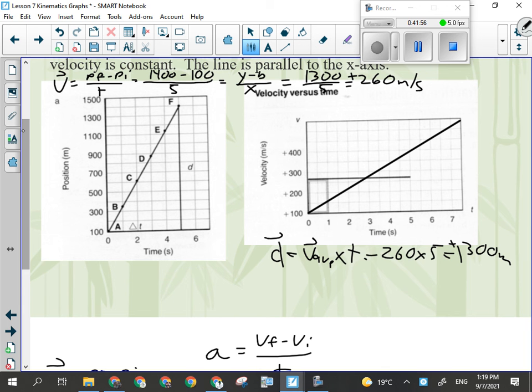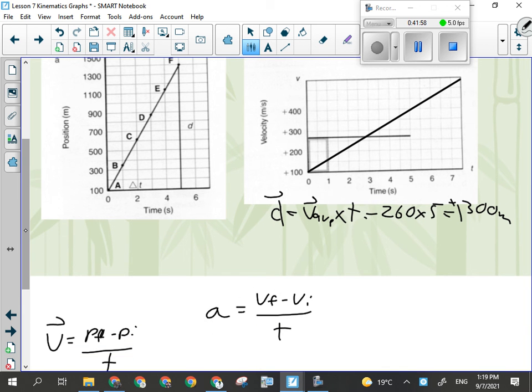All right, so what's the acceleration of this line? Okay, all I gotta do is plug in my numbers. Final velocity would be, well, these go up by 50, so 450, 500, 550, minus 100, and that takes 7.5 seconds. Alright, so we got 450 over 7.5 seconds.